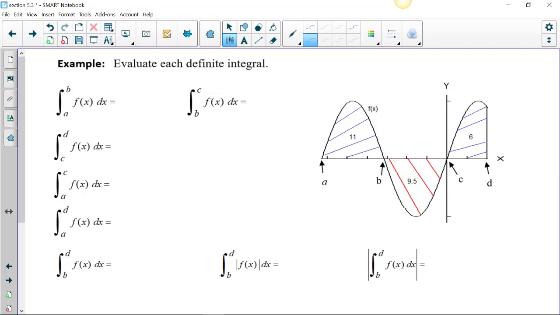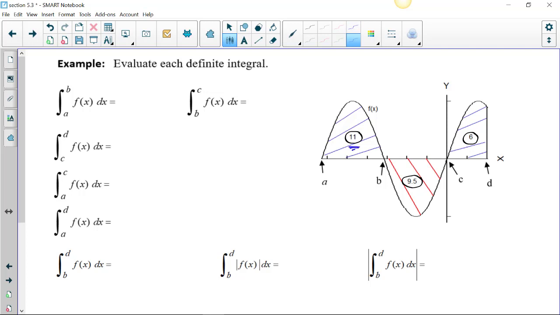Okay, so I have a function graphed, and I can see that I've got the area here. Regions above and below. So we're looking at this function on this interval from A to D. All right, so I want to find out what is the definite integral from A to B of f of x. Well, that's basically my first region here.